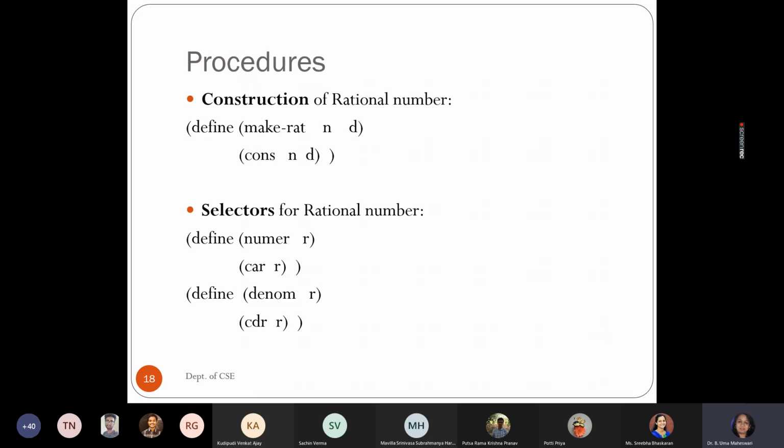And what about the denominator? I'm writing another procedure, denom, which retrieves the second data. How to get it? cdr of r. So I have written three procedures: make-rat, numer, and denom. These two are selectors, and make-rat is a constructor.